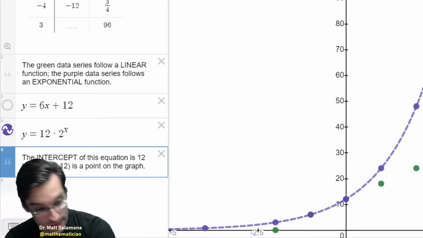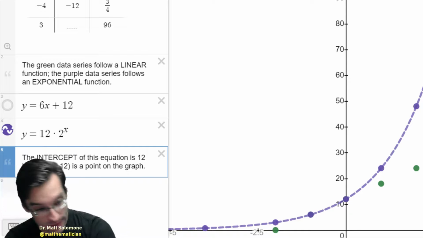And the base of this equation, let me just hide my head for a minute here so we can see what I'm typing, is 2 because every time x increases by 1, y increases by a factor of 2. Y is multiplied by 2 every time 1 is added to x.